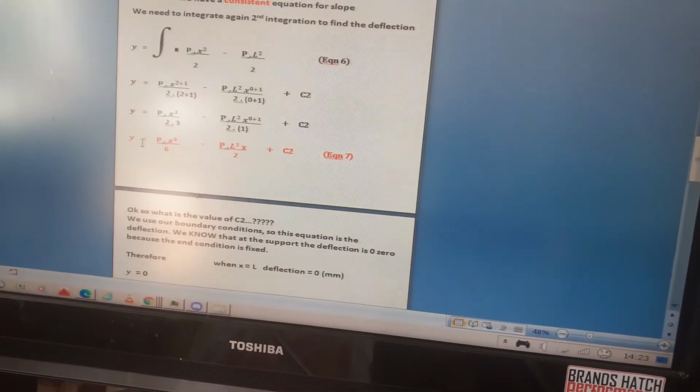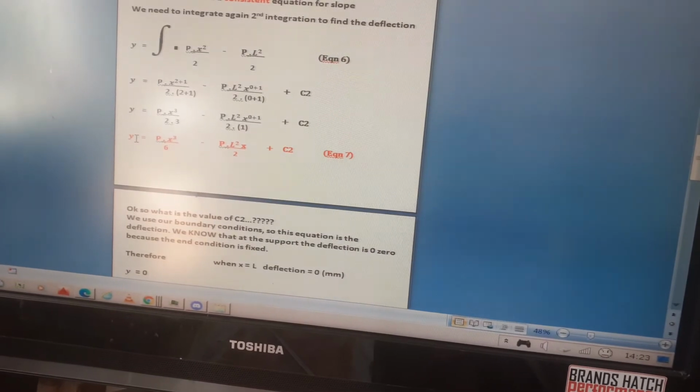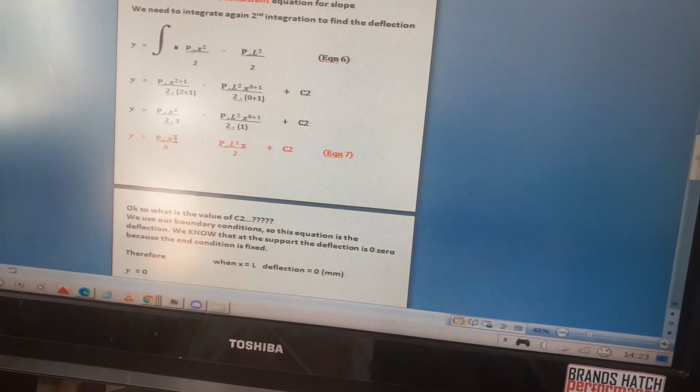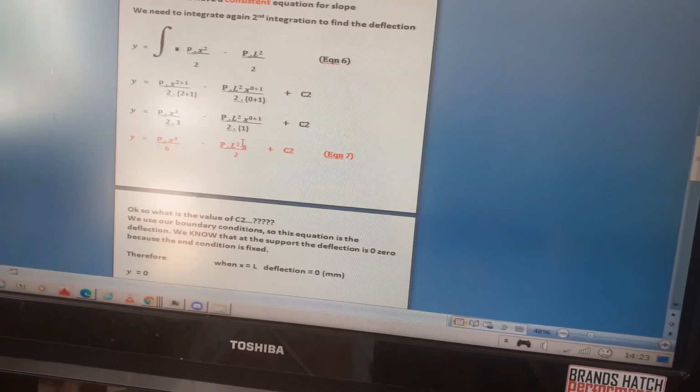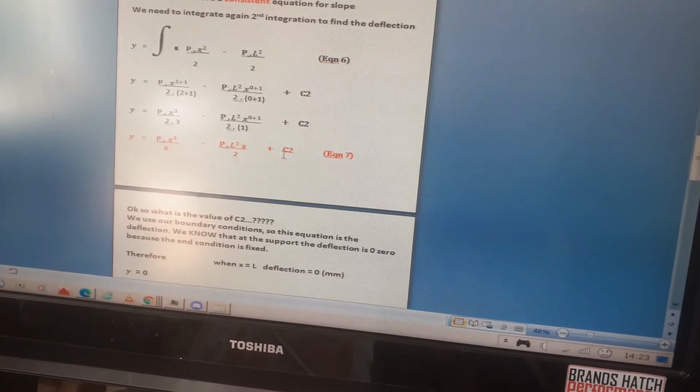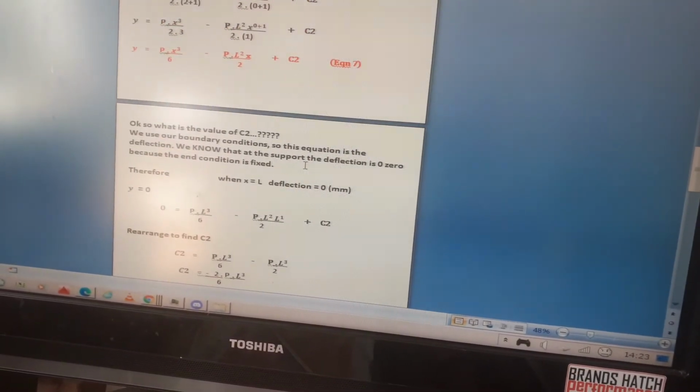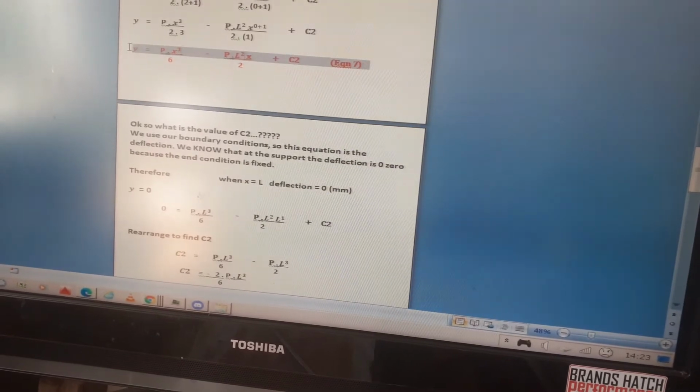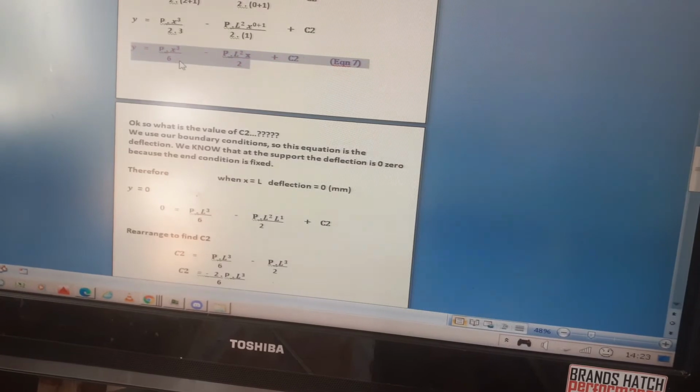So equation 7, that's the deflection. The deflection equals Px cubed divided by 6 minus PL squared x divided by 2 plus C2. So that is the equation. We found that out. As I said before, this should have EI on it.